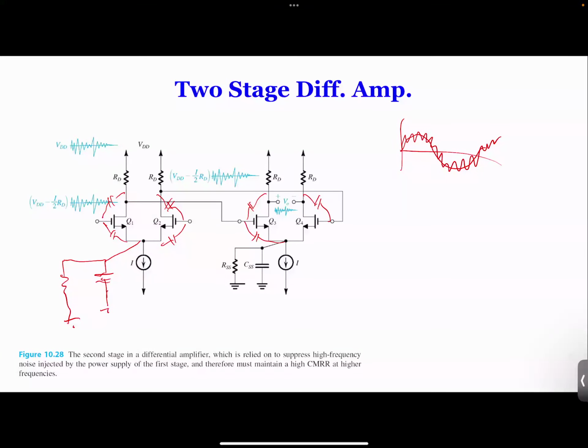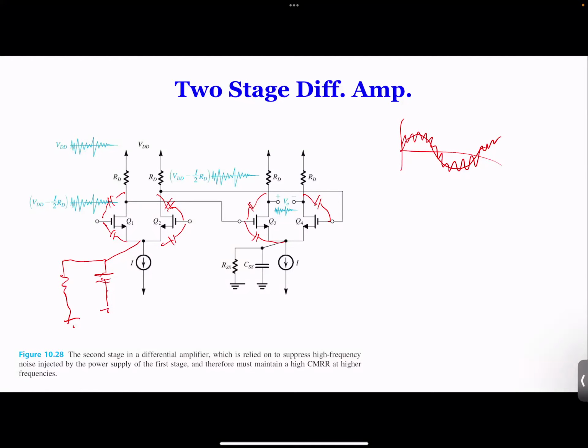And then now what you need to do is, we can design the circuit such that we can potentially reduce or even almost cancel the noise.